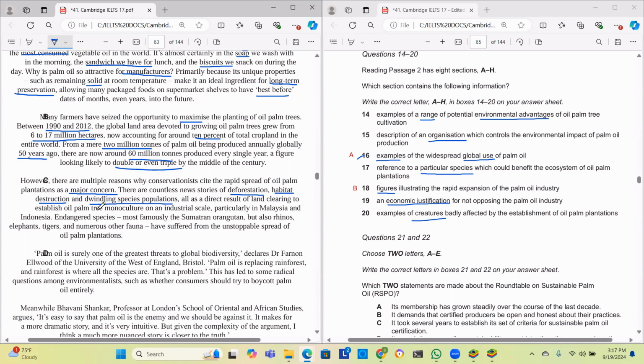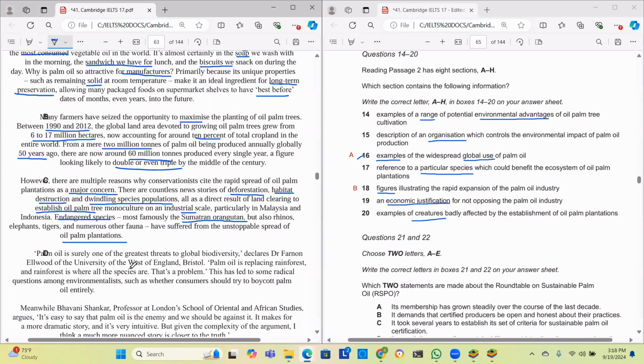Dwindling means reducing. All as a direct result of land clearing to establish the palm oil tree monoculture on an industrial scale, particularly in Malaysia and Indonesia. Then endangered species, most famously the Sumatran orangutan, but also rhinos, elephants, tigers, and numerous other fauna have suffered from the unstoppable spread of oil palm plantations.